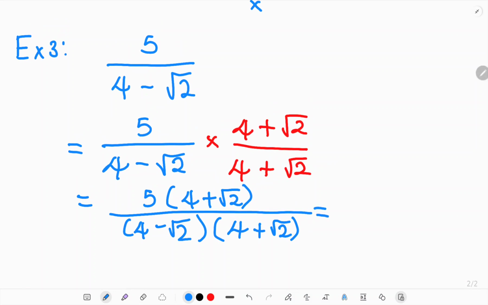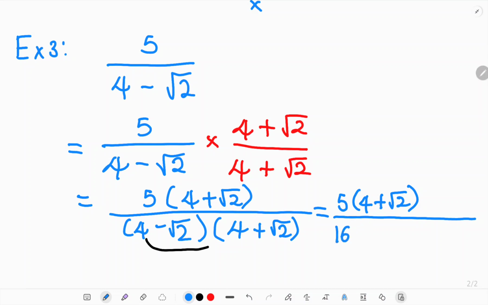So let's just have the numerator here: 5 times 4 plus root of 2. We leave whatever is in the numerator like that, and then let's deal with the denominator. We're going to distribute. What is 4 times 4? It would give us 16, right? And then what is 4 times root of 2? It's going to become plus 4 root of 2.